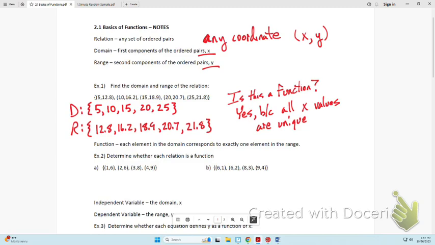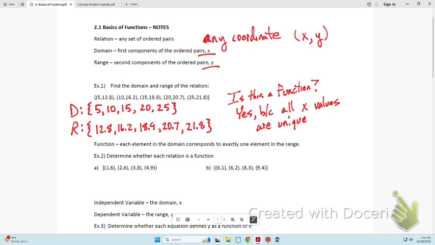So we have a 5, 10, 15, 20, and 25. You'll see an example of where an x is repeated, but all x values can only be used one time. And there's a definition of it right there, but textbook definitions are sometimes difficult to interpret.